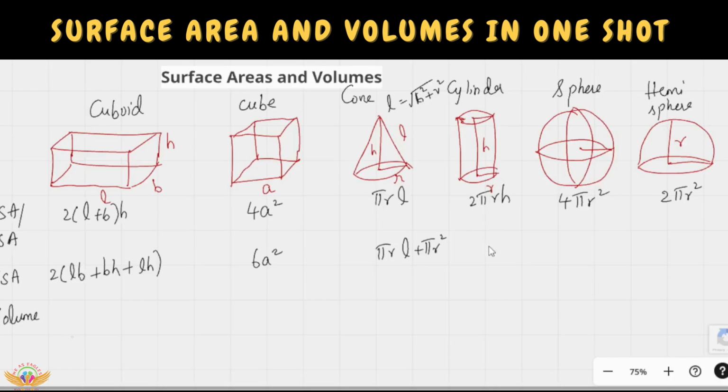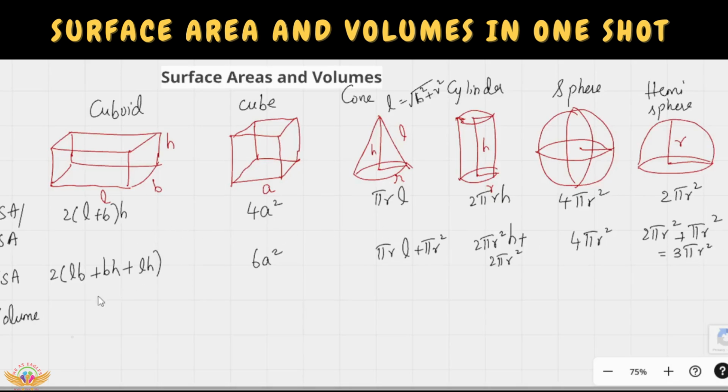Coming to the cylinder, first we write the curved surface area, and we have two circles here, so it will be 2 pi r square. And 4 pi r square will be the total surface area of the sphere. And for the hemisphere it is 2 pi r square plus pi r square, because the circle also has to be taken, so it will become 3 pi r square.